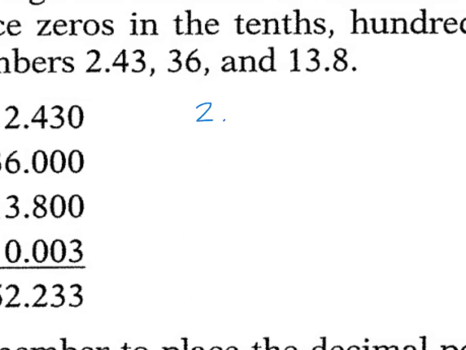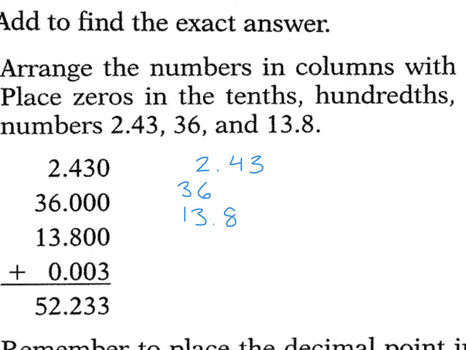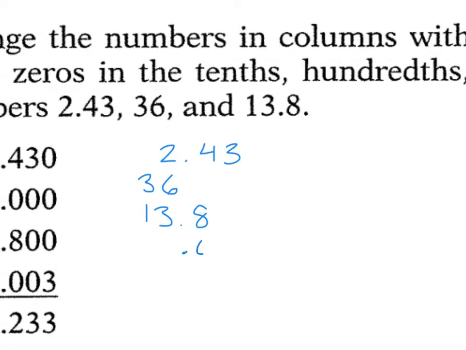So we have 2.43, we have 36, 13.8, and I'm missing one, which was 0.003. Okay, so now all of our decimals need to be in line, and then I'm going to fill in zeros here as placeholders just so I know that nothing else is there.